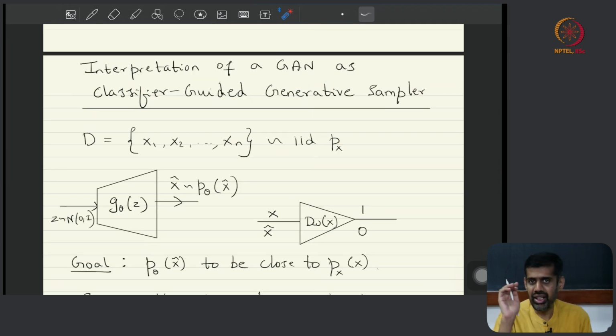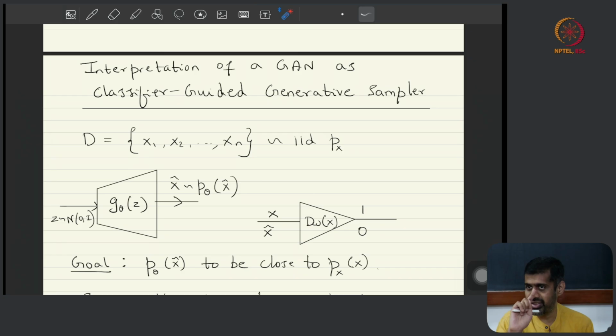Now I told you that the moment you choose a particular f function, the kind of t function that we choose to construct the lower bound changes, and since it can be interpreted in a particular way depending upon what the domain of f star is, you can interpret the entire process of this VDM, variational divergence minimization, in a different way. That is what the algorithm called generative adversarial network does.